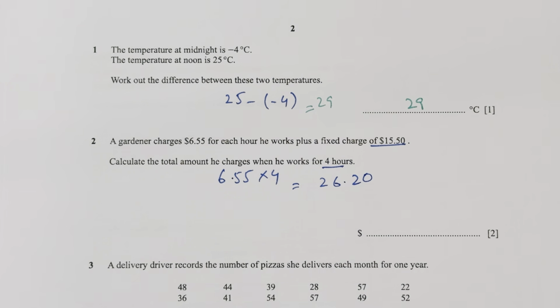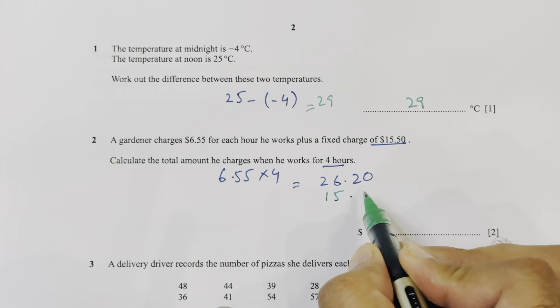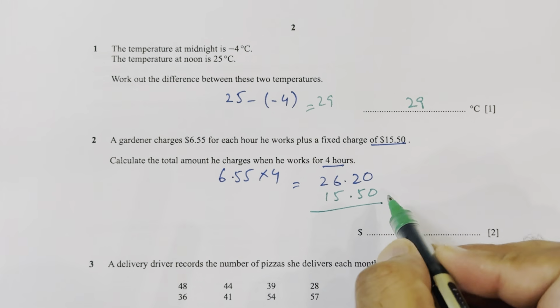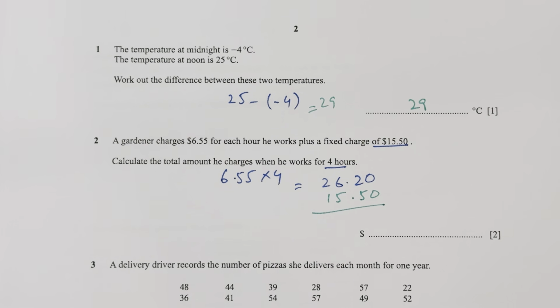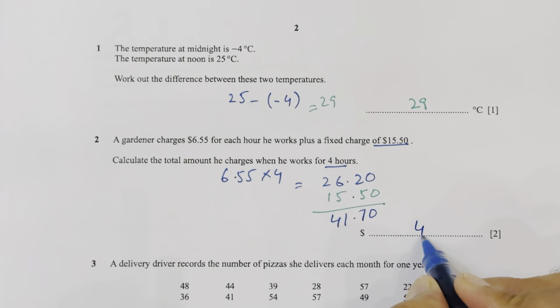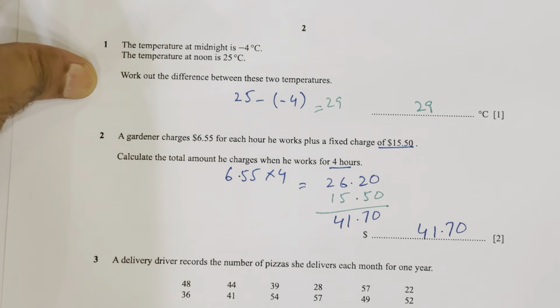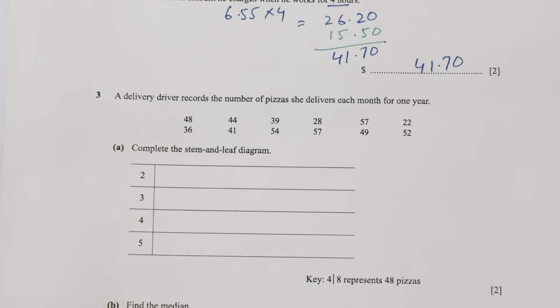After this you add the fixed charge, which is 15.50. After adding it we get the answer 41.70, and this is the answer we have calculated. Moving to question number 3.